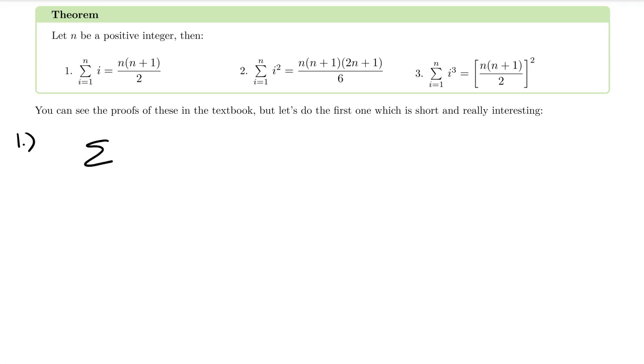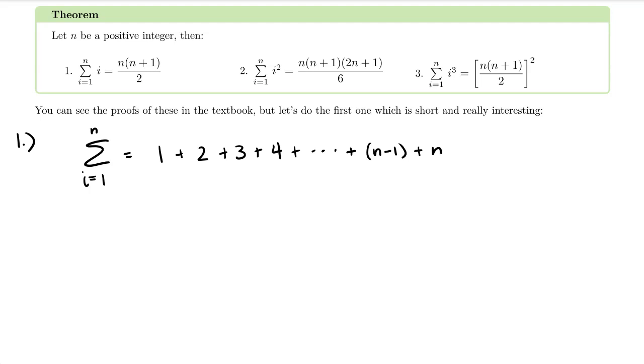So I have my summation from i equals 1 to n, and if I were to expand this, my first term would be 1, my next term would be 2, and then 3, and then my second to last term would be n minus 1, and then my last term would be n.